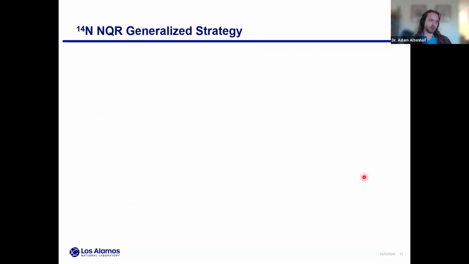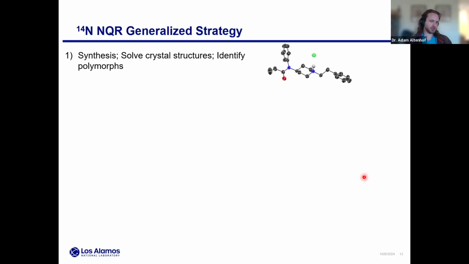So what we're recommending is this generalized strategy that could hopefully be used for most materials. It always starts with the sample. In our case, we make fentanyl in-house. Then we can give the samples to crystallographers. They're able to grow single crystals, solve crystal structures for the first time, and maybe identify polymorphs in some cases.